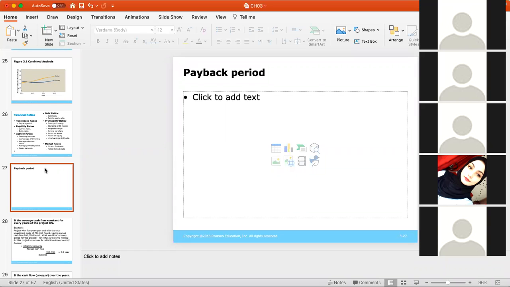Okay. The question now: which is better, if the payback period is very high, like 10 or 12 years, or very short, 1 or 2 years?